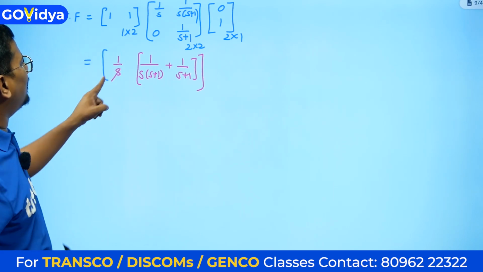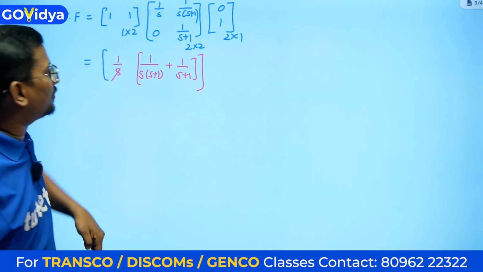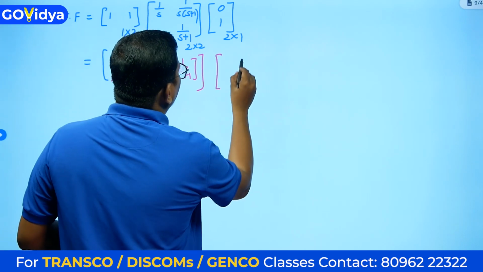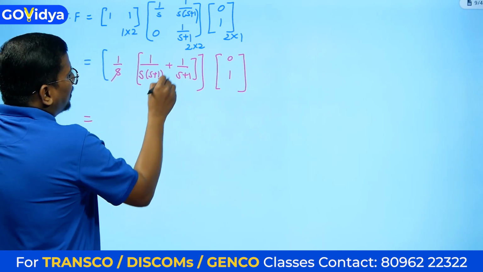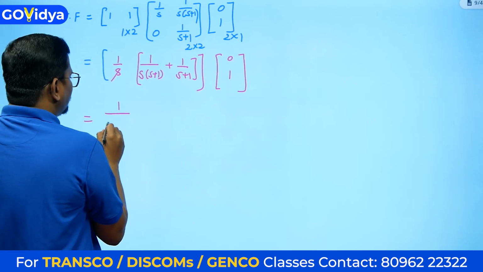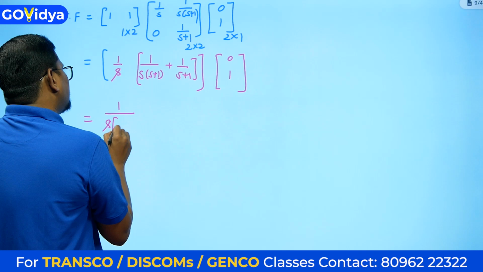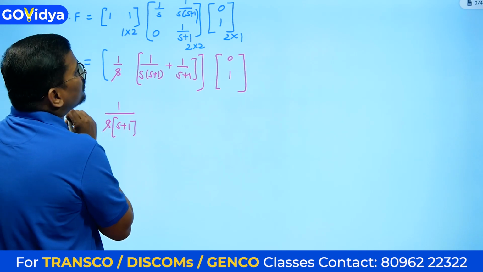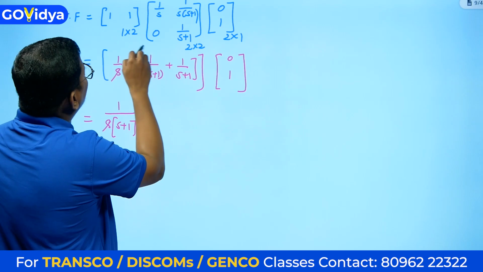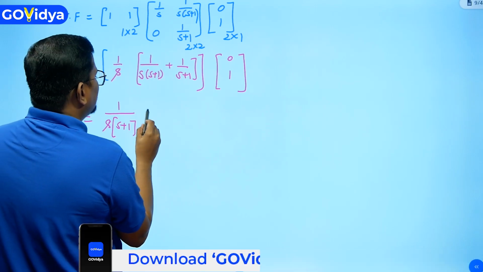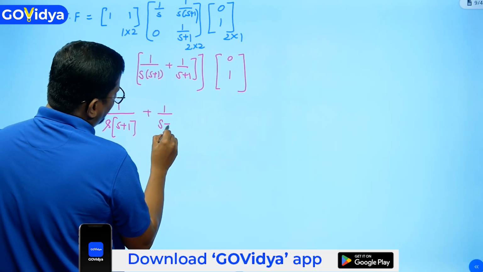So this is finally a 1 by 2 matrix and this we are going to multiply with 0 and 1. So you just multiply, finally you will get 1 upon S into S plus 1, right? 1 upon S into S plus 1 we multiplied, yes, plus 1 upon S plus 1.